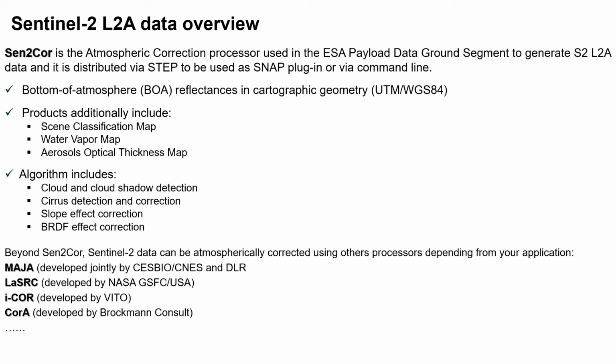Apart from Sen2Cor, Sentinel-2 data can be atmospherically corrected using other processors depending on your application. For instance, we have MAJA, developed by CESBIO, CNES and DLR, LaSRC, developed by NASA, iCOR, developed by VITO, CORA, developed by Brockmann Consult, and many others.